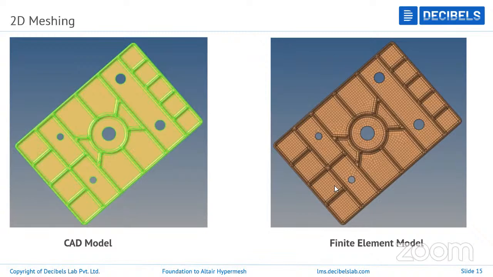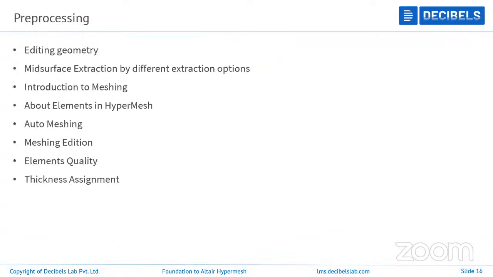This is built in the CAE software, HyperMesh, which is the software I have used. I hope you already have these CAD files with you. Let's start one by one. These are today's agenda items, starting with editing the geometry. In the last session, we learned why we do geometry editing.